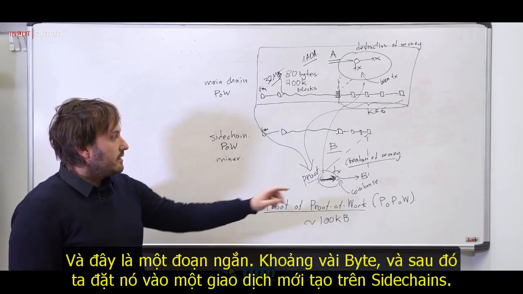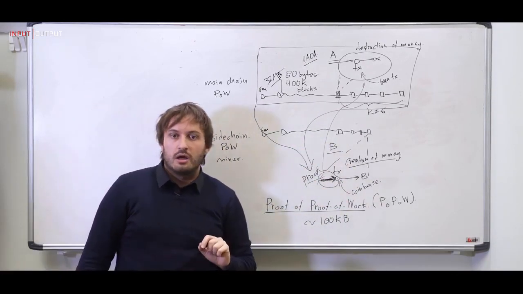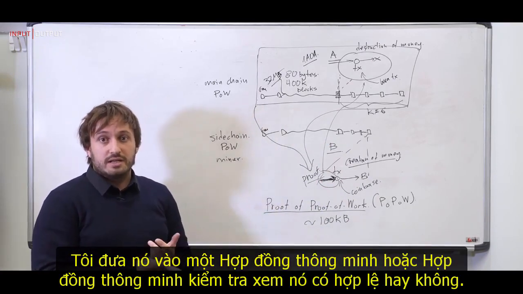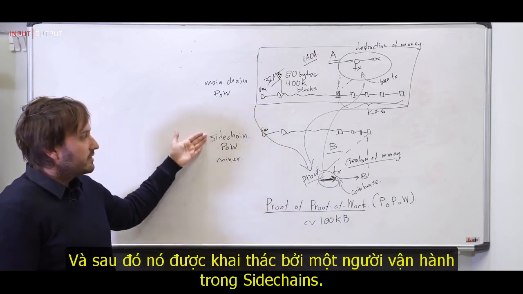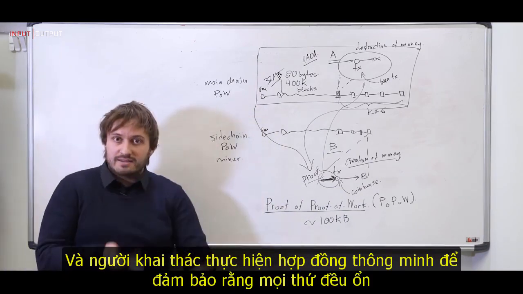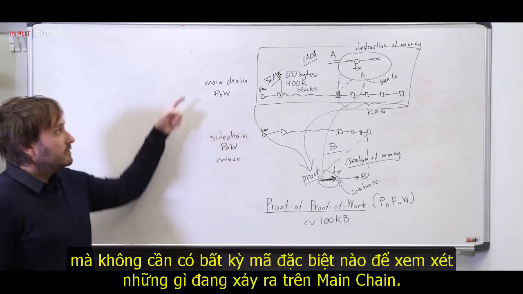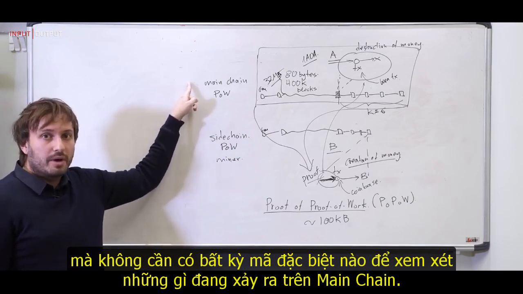I take that and then I put it into a new transaction which I create on the sidechain. I post it into a smart contract. The smart contract checks that it's valid, and then it's mined by a miner within the sidechain, and the miner executes the smart contract, making sure that everything is okay, without ever having any special opcodes that look into what's happening on the main chain.